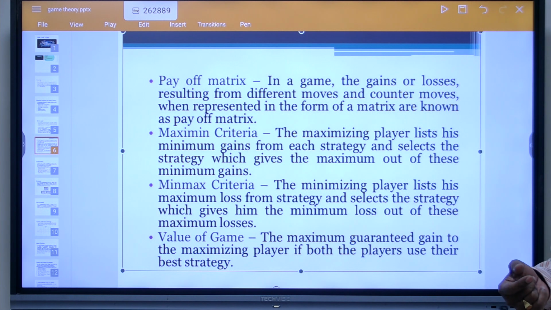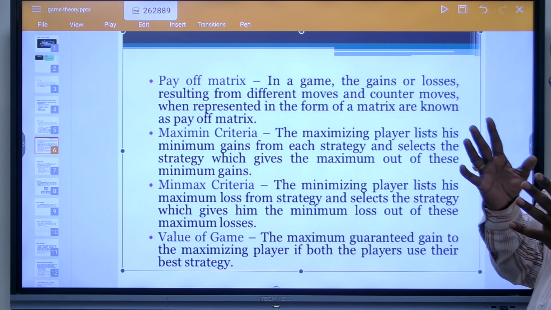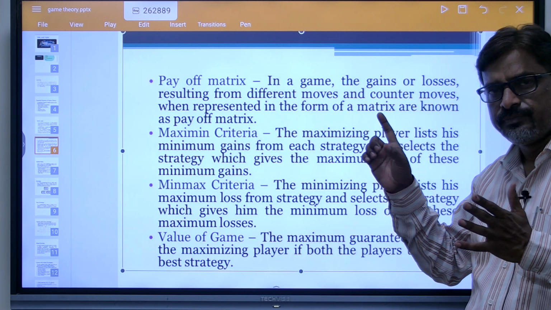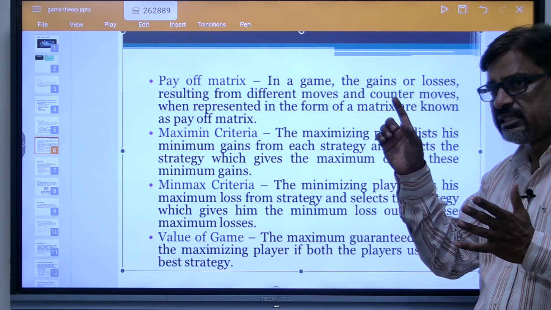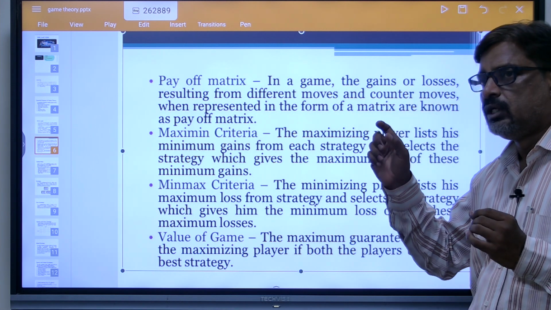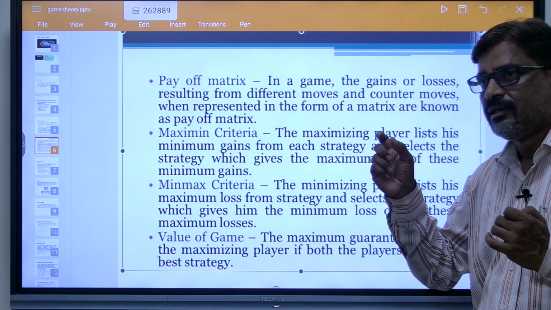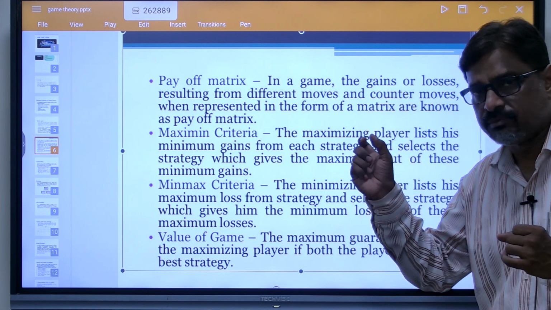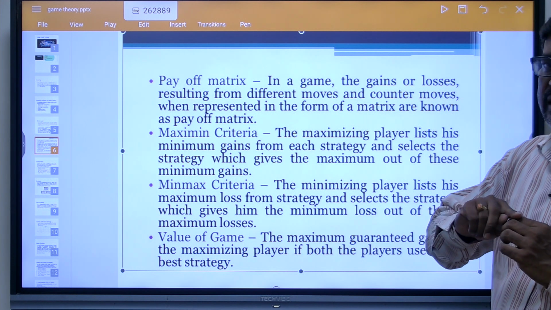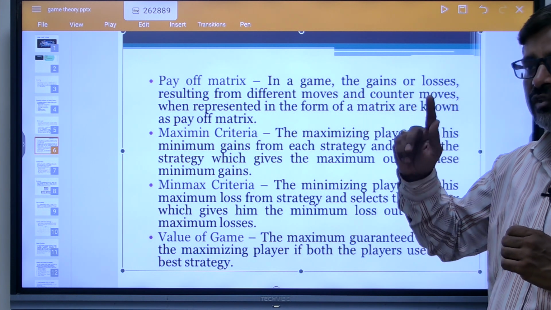So, we will look at each and every result of the various strategies, which provides a kind of profit that is very minimum. Whatever course of action you select, you are unaware of the course selected by the opponent.